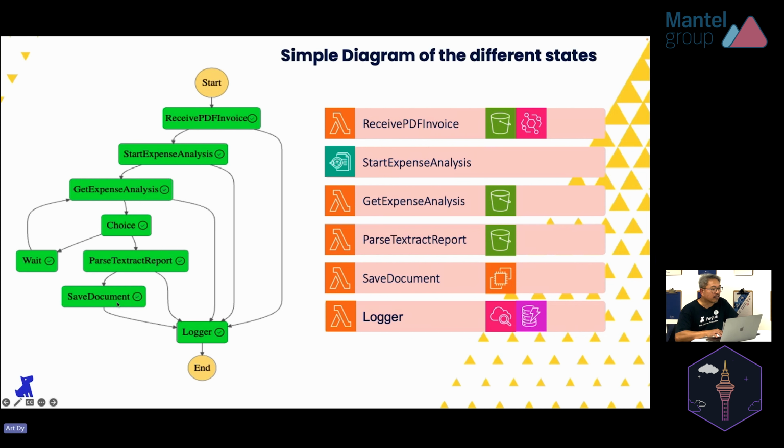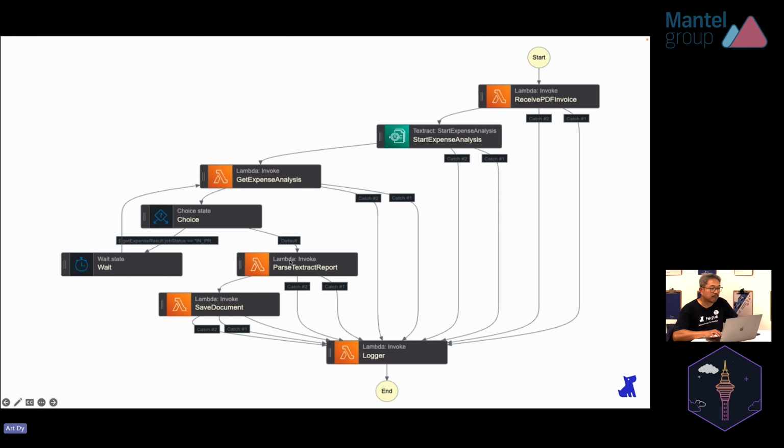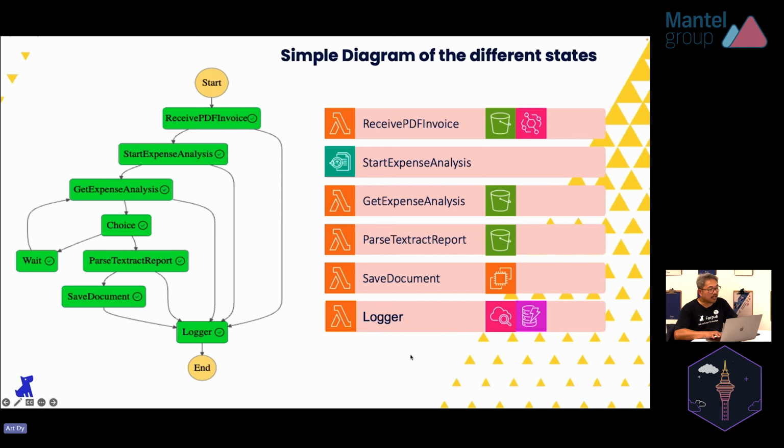Then we transform it to a JSON format that is saved as part of the Fergus application, so we send it to an endpoint in the Fergus application. The logger here is a kind of catch-all for all errors, and it also has the dual function of logging to CloudWatch.